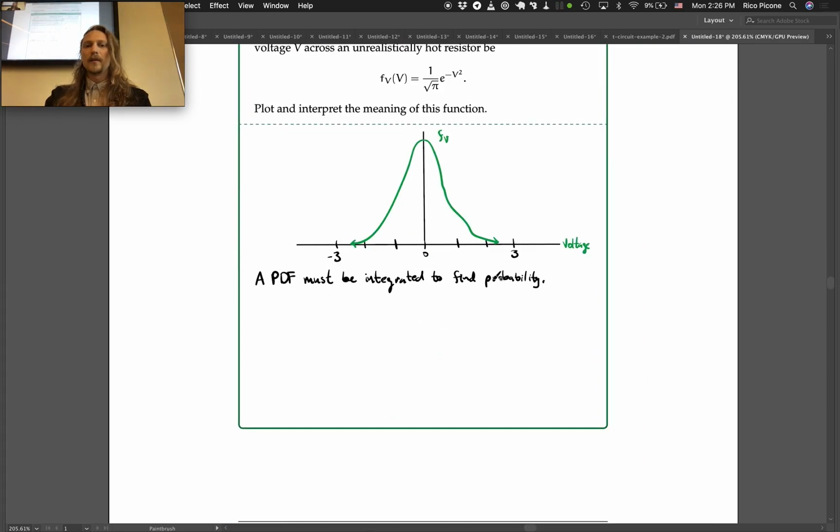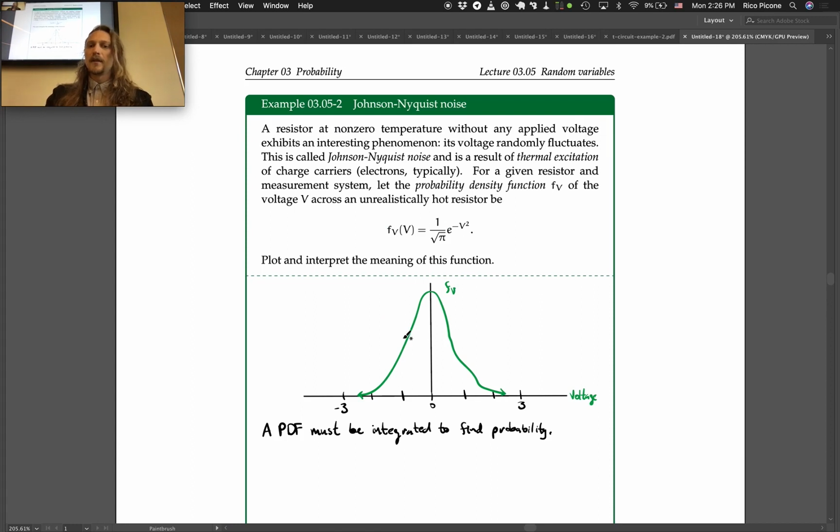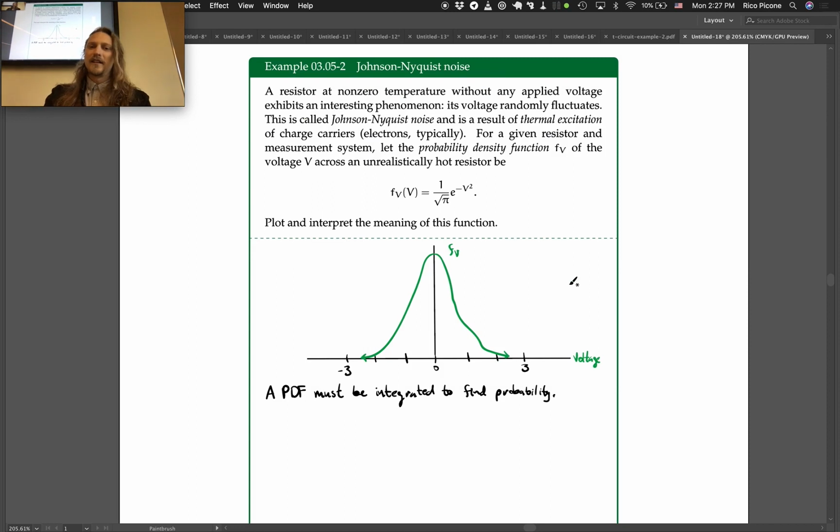For the continuous case, there'd be infinity if you were to sum up all these probabilities. Instead, you would integrate over the entire thing. What is the integral of the entire function equal to? 1. So if you integrate over the entire thing, it has to be 1. The voltage never comes out to be banana. It's always going to be somewhere in there. So, all right. That's random variables.